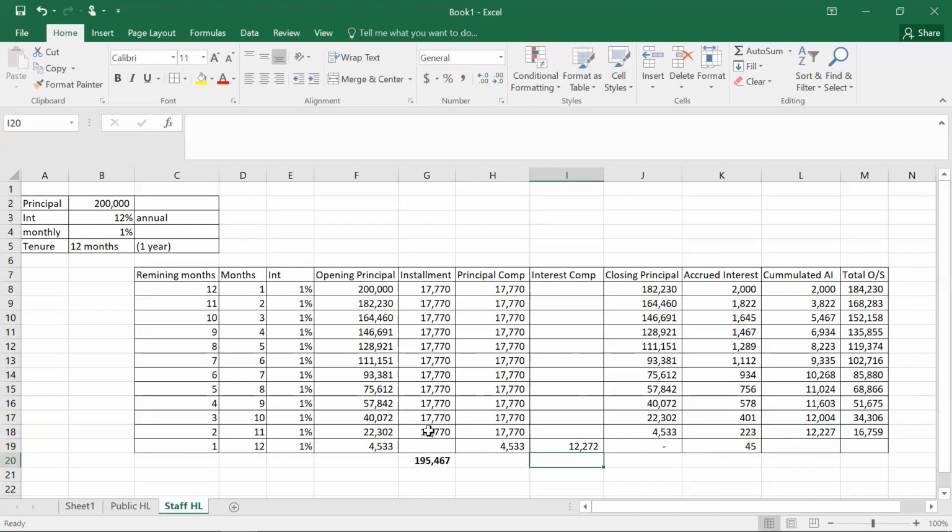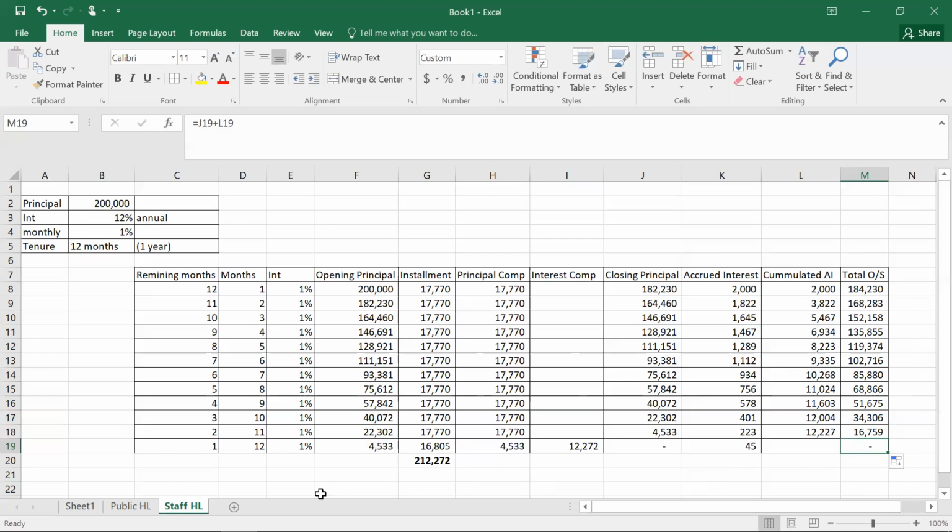So the installment works out to, we will sum the principal component and the interest component. Installment is 16,805, and what is the total outstanding then? Total outstanding is 0.